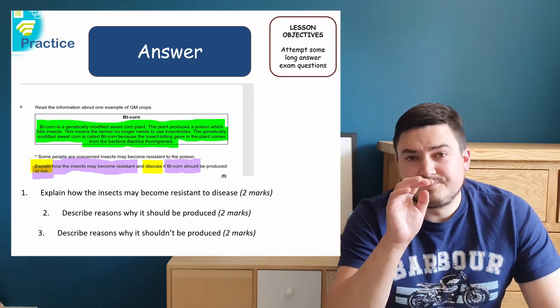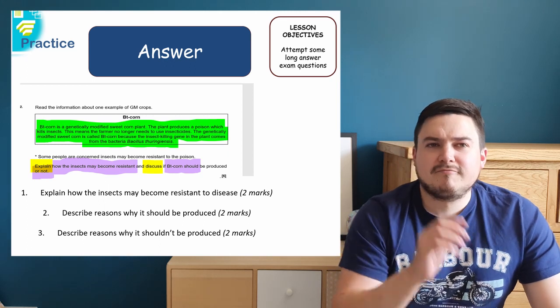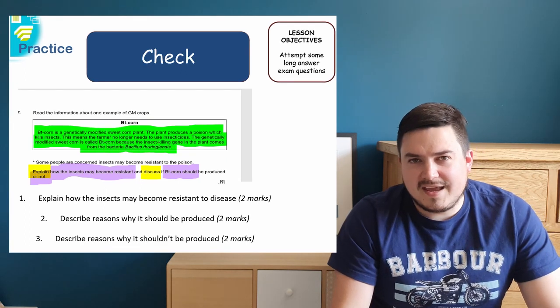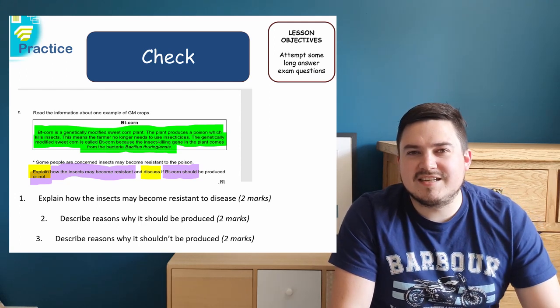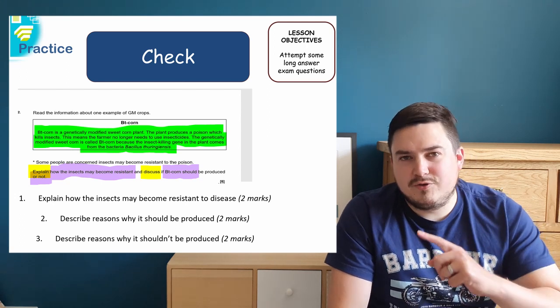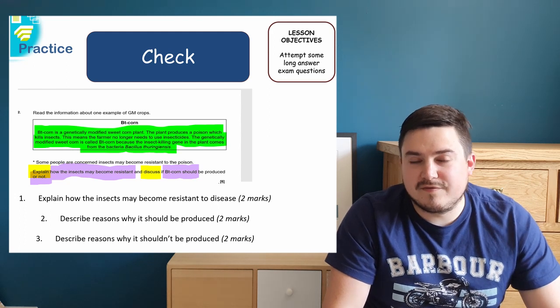Great. So now you should have an answer written down that you can look at. Before we move on to our final step of marking, we're going to check the answer that you've written. Have you made sure you talked about how the insect has become resistant to the insecticide? Have you talked about the reasons why we should be producing this genetically modified plant?